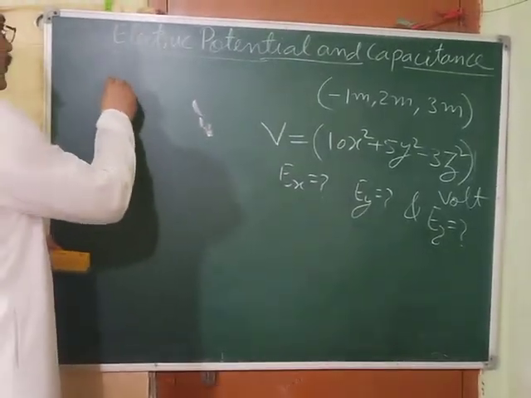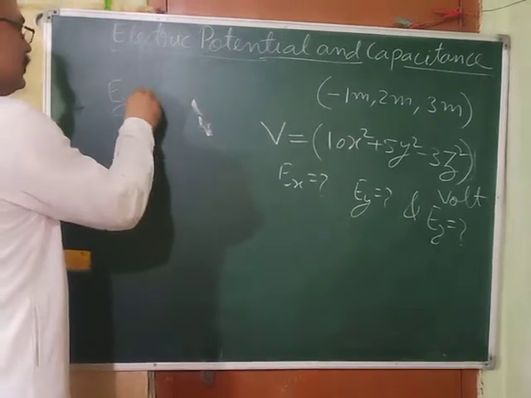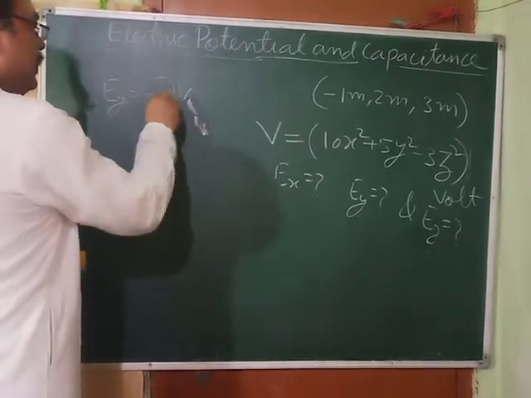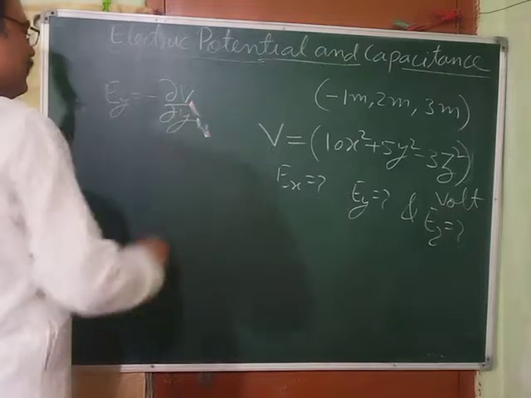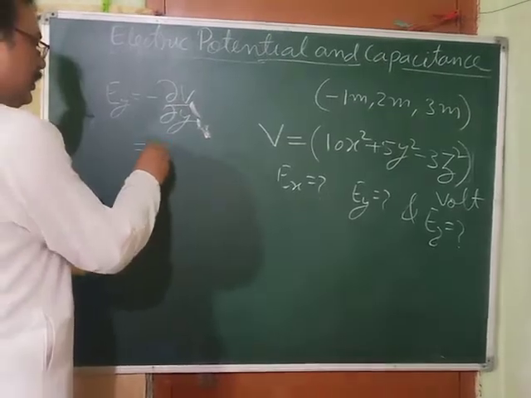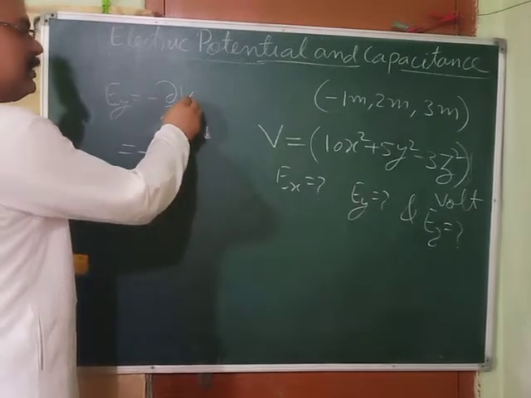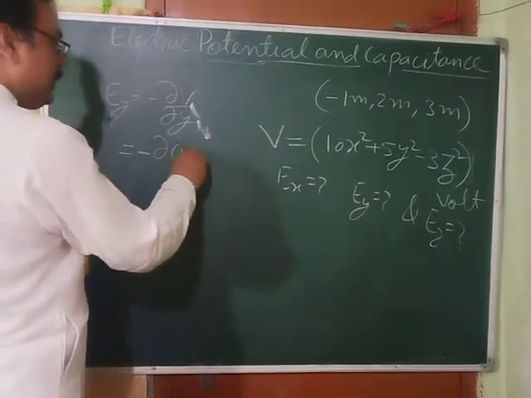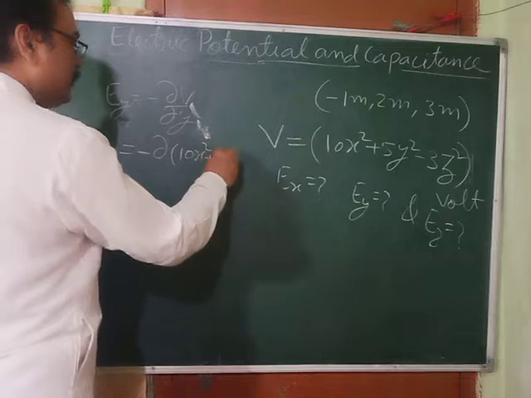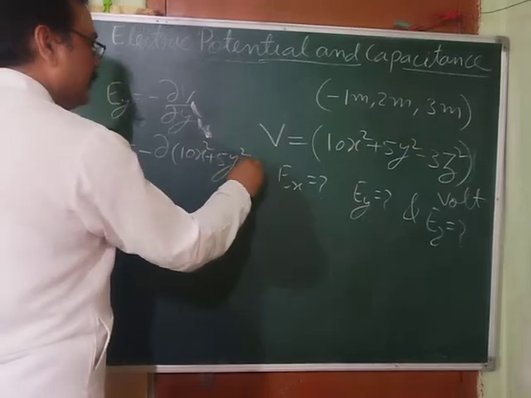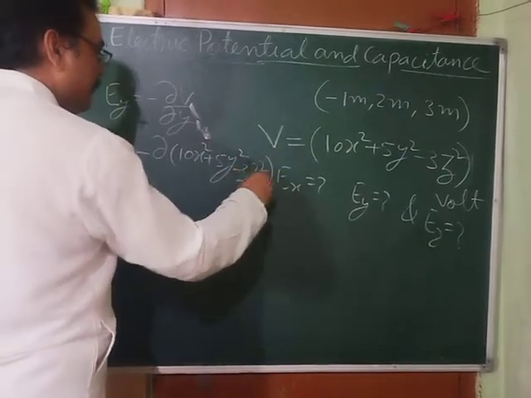We know that Ey is equal to minus dV by dy. Okay, so again, the minus is there already. Let's not miss this. V is 10x square plus 5y square minus 3z square.